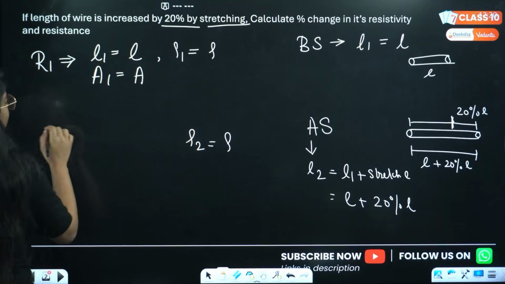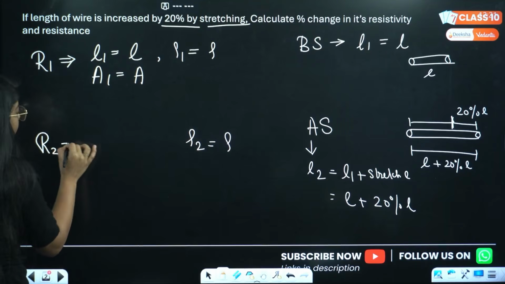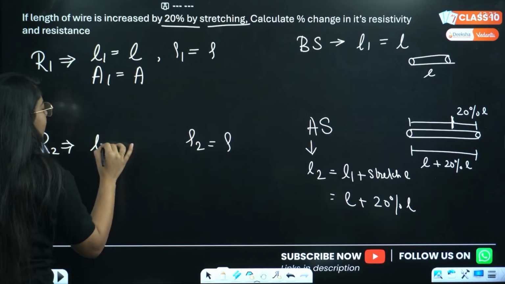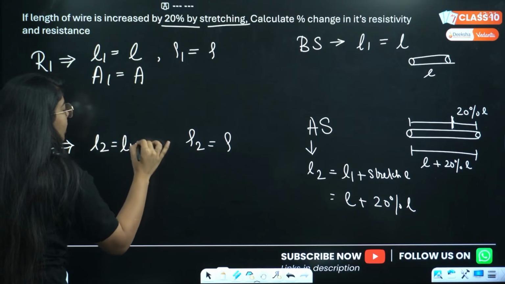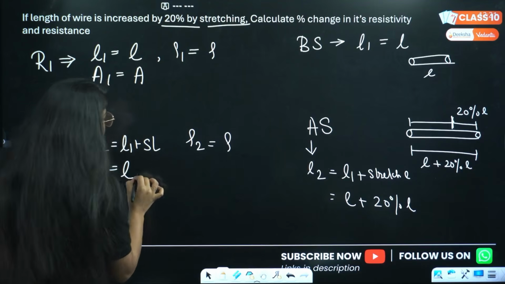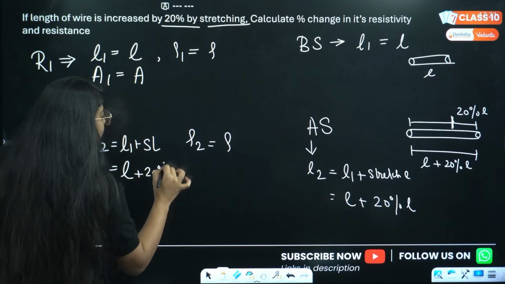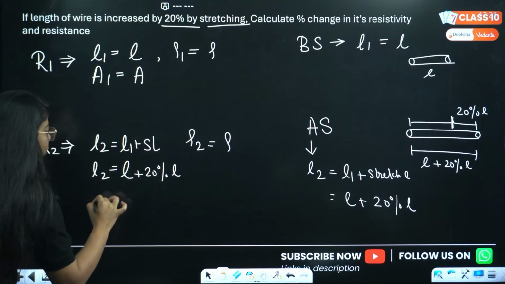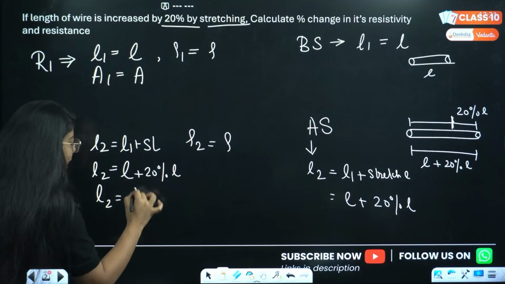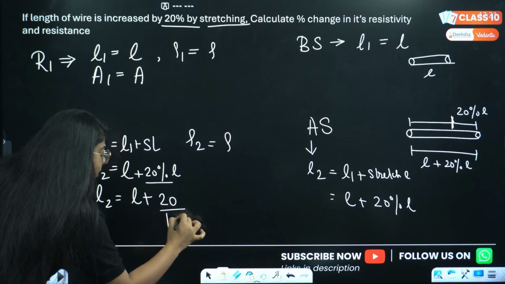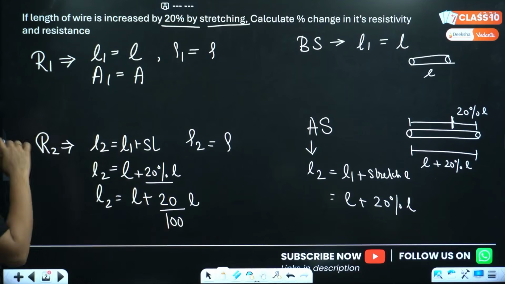Let's look into that. Now for R2, resistance after stretching, we have L2 as what? L1 plus stretched length, right? That was L plus 20% of L, right? Everyone? Correct. So L2, now we can solve this. L2 is L plus, can I write 20% like this, 20 by 100 into L, right?